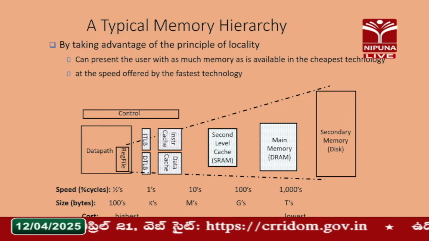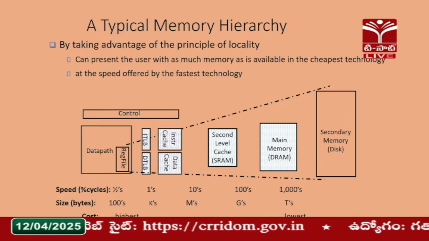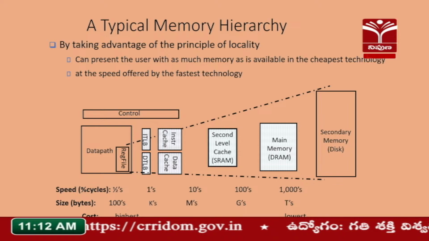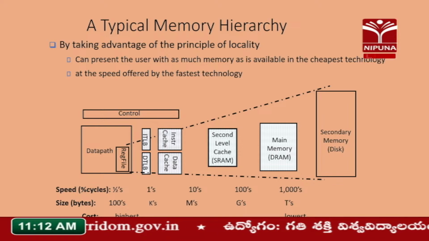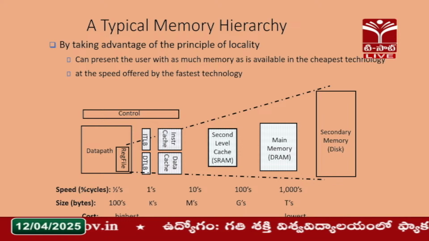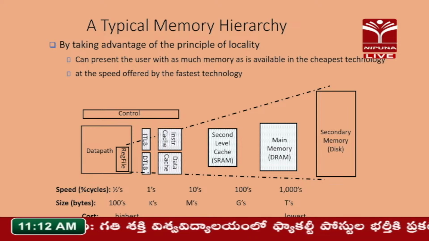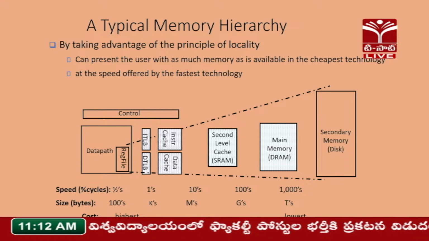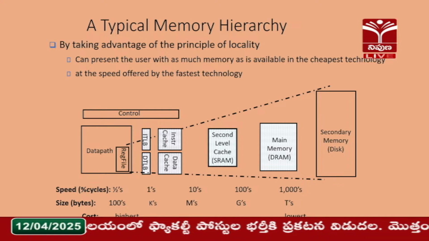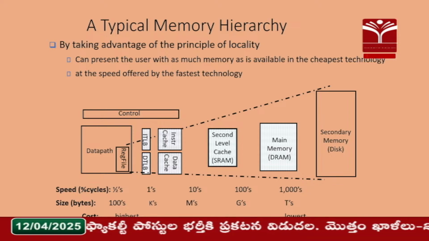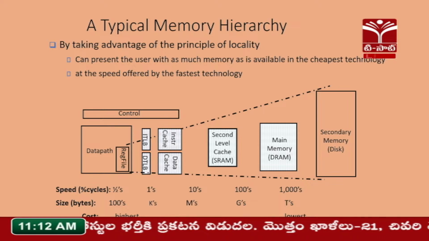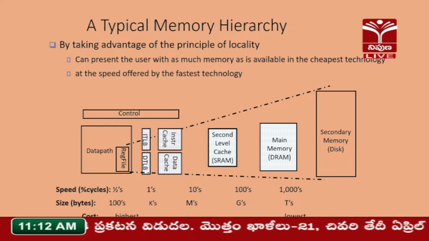Depending upon where the memory is, you can see how many cycles it takes and what the size of the memory is. The memory increases in size as we go to the hard disk drive, and it's small in terms of the caches. But in terms of the number of cycles, if you want to fetch something from the hard disk, it's going to take multiple thousands of clock cycles.